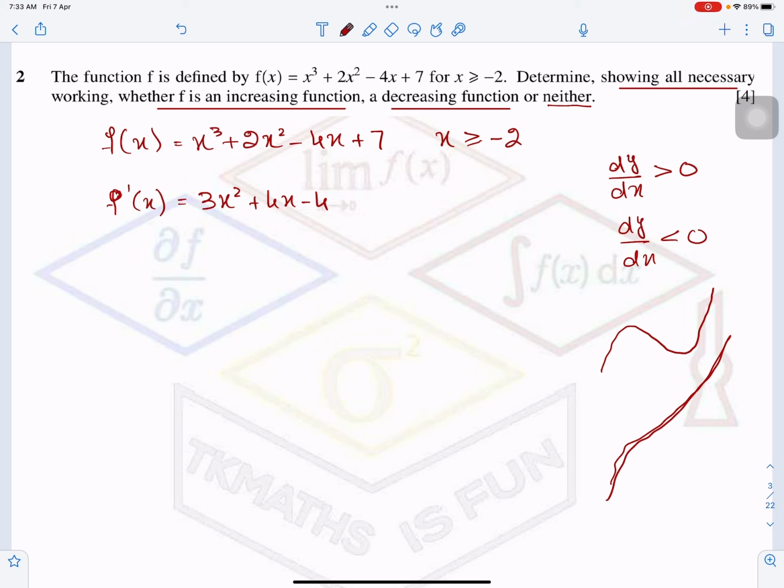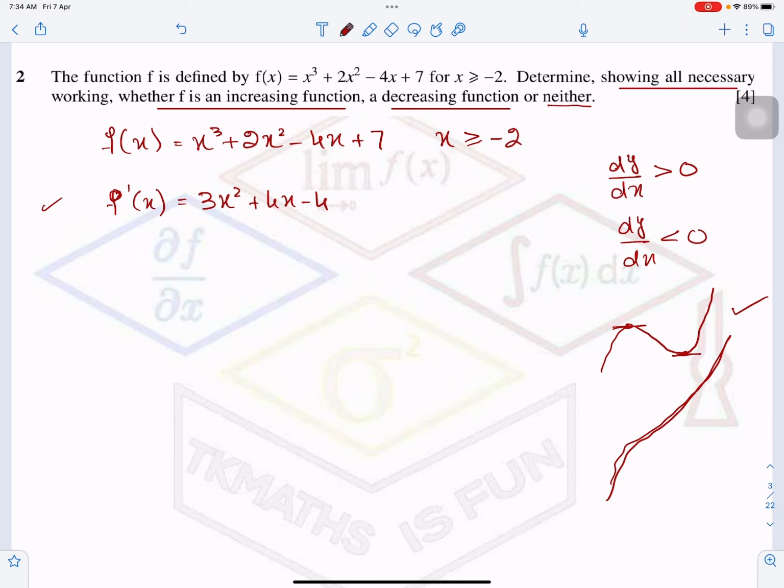We will figure it out after further simplifying. What comes in your mind here? If the shape of the graph is like this, it means there are 2 points where you will get stationary values, because the rate of change at these points is 0. We don't know right now.